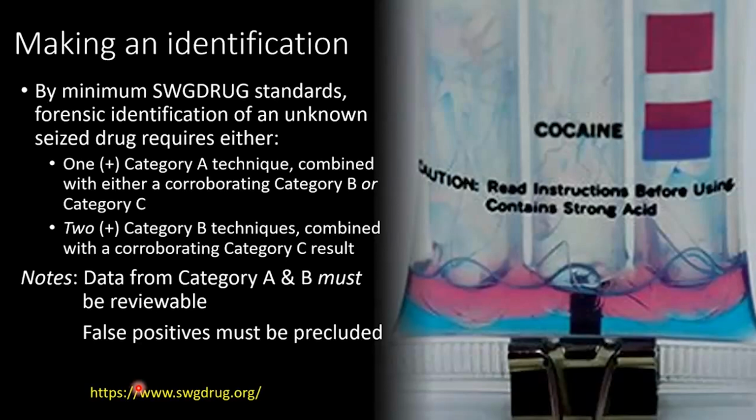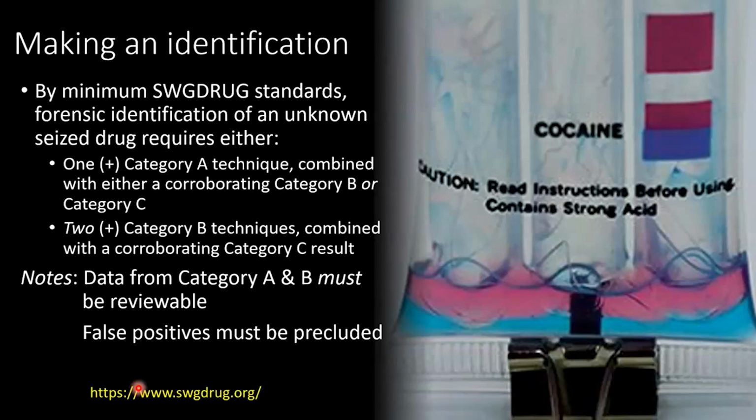First option, whereby you use a category A, you only need two instrumental techniques that support one another. Or if you're not using a category A technique, you need two category B techniques as well as a category C result. So it's either 3 tests or 2 tests, depending on whether or not you've used a category A technique.